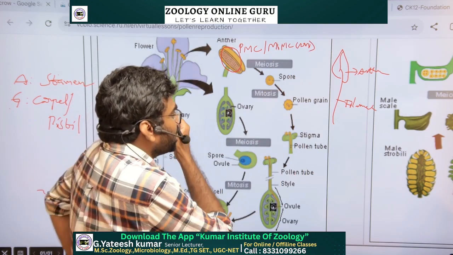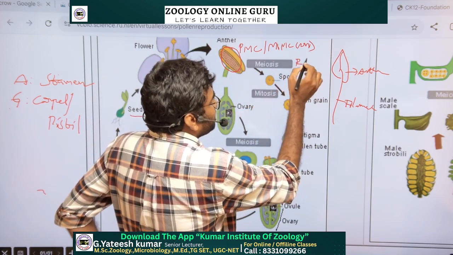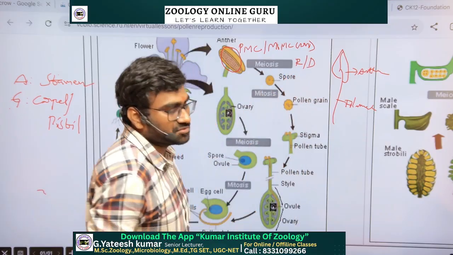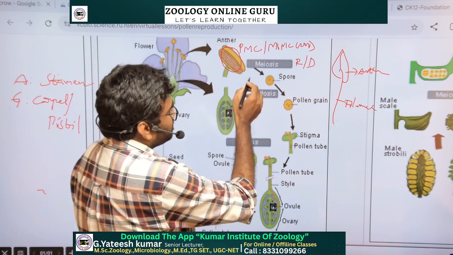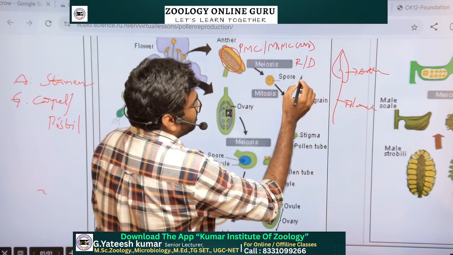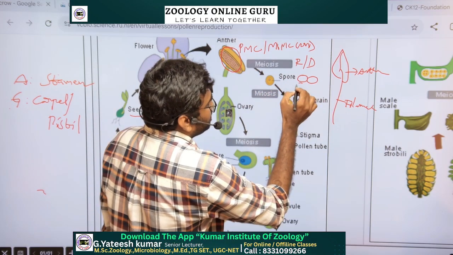This PMC undergoes meiosis division, also called reductional division, to produce the haploid microspores.